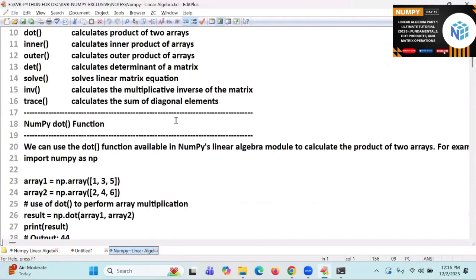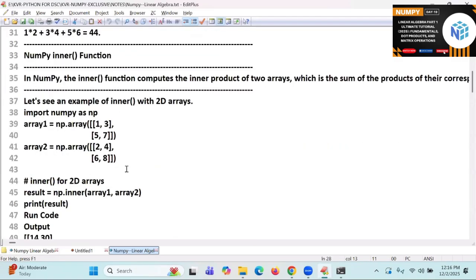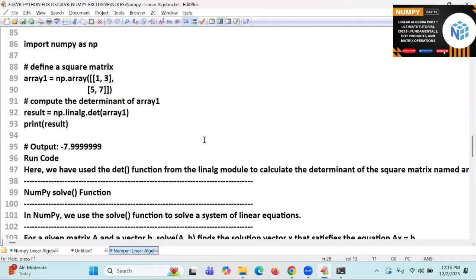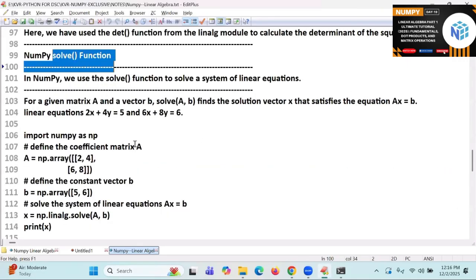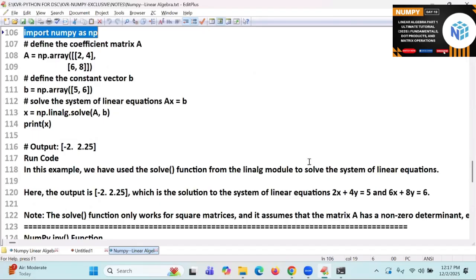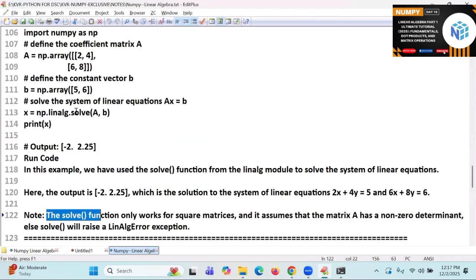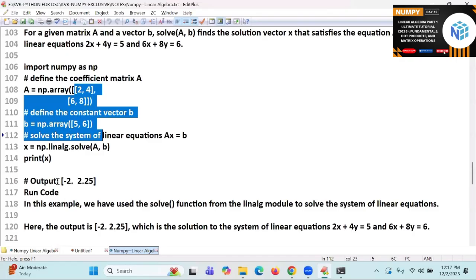Already I posted some data for you up to dot, matrix, inner. Coming to outer also posted, det also posted for you. Solve, solve. These are the values which I am having here. Carefully try to follow. Here I am having Nadim. You look at solve anyhow. This is the data which is going to give you the solution.